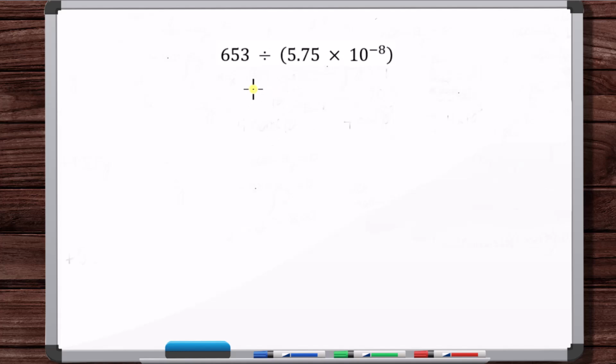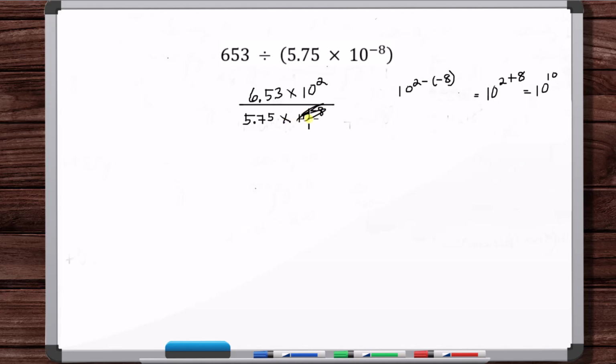Okay, this is 6.53 times 10 to the 2nd, and then 5.75 times 10 to the minus 8. Okay, so this 10 to the 2 and 10 to the minus 8, we'll have 10 squared minus minus 8, which is 10 squared plus 8.